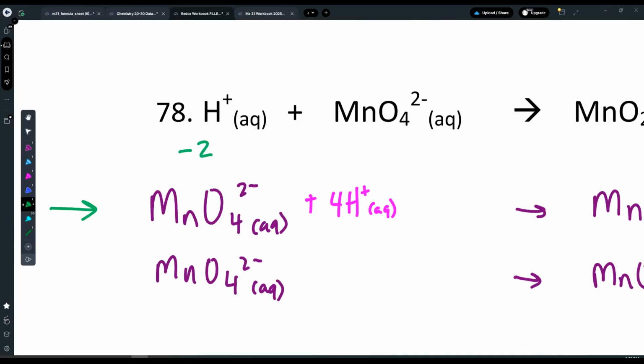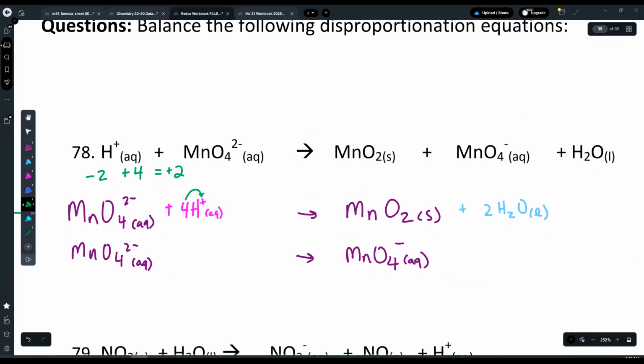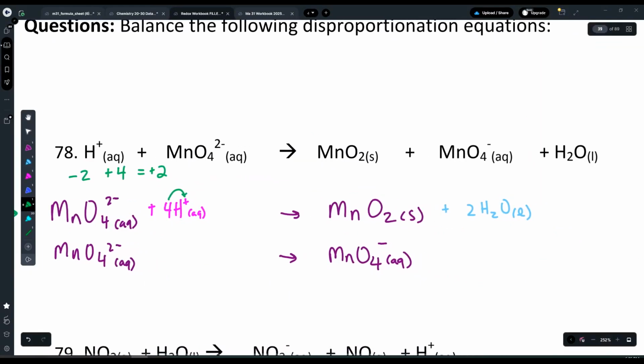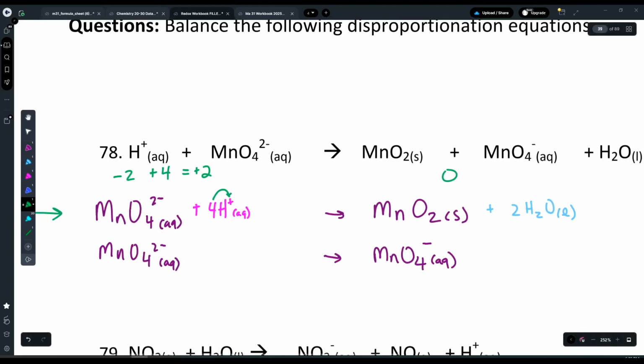I've got -2 coming from the manganate ion, and 4 times 1 plus, so +4. That gives me +2 on the reactant side for the overall charge. On the product side for the first reaction, both of them are neutral, so I have a total charge of 0.